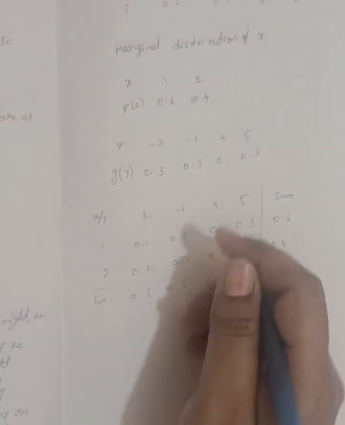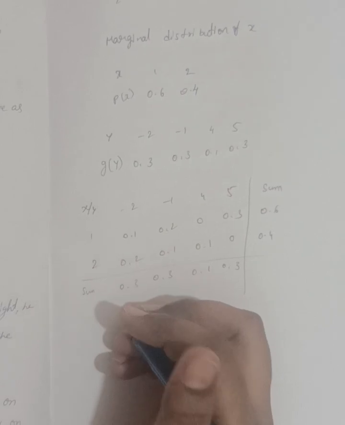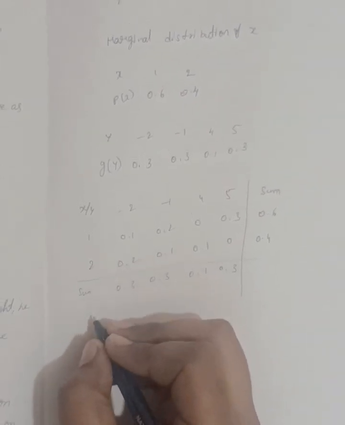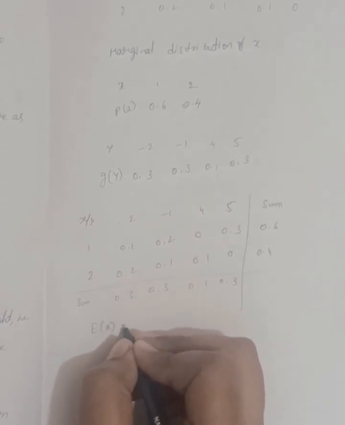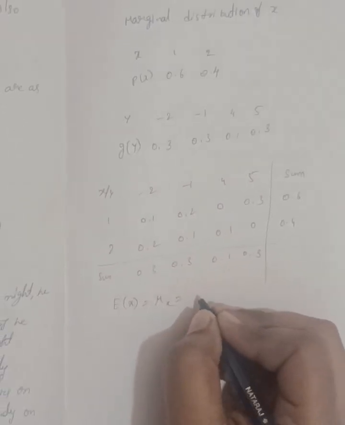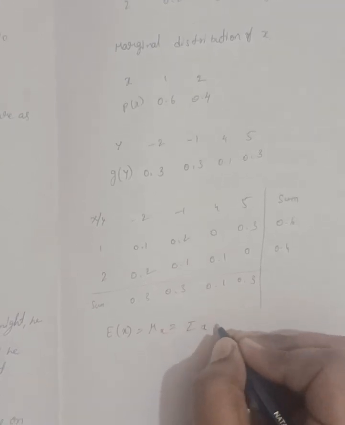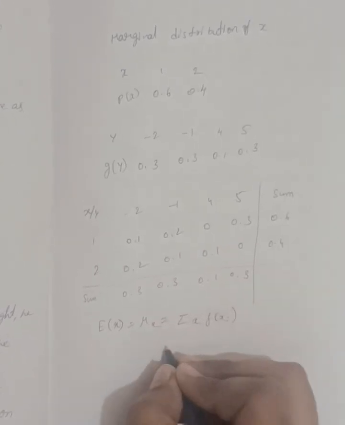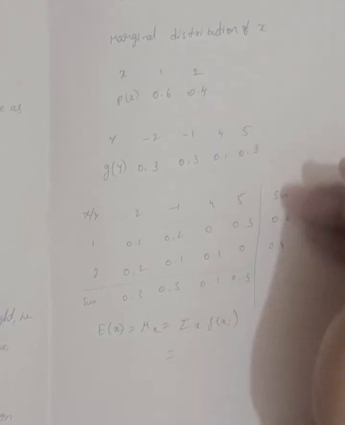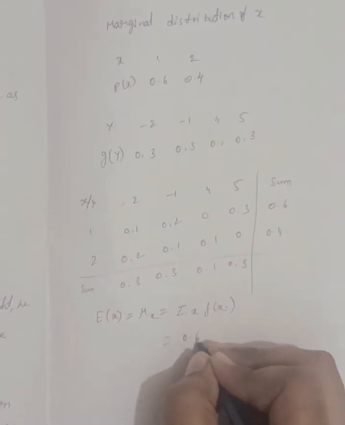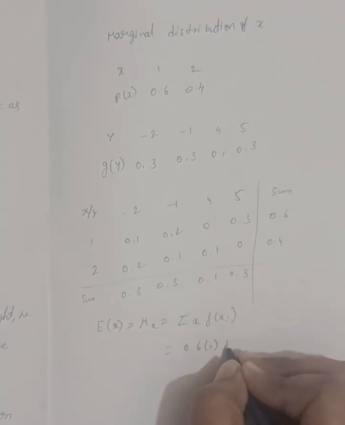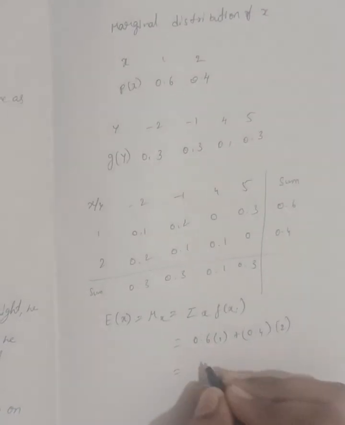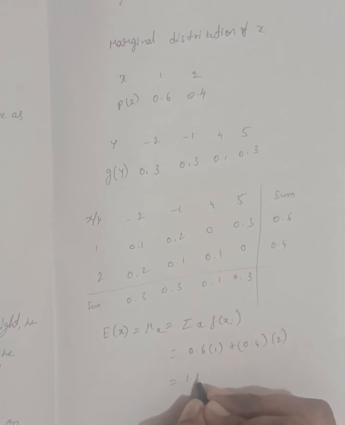This is the marginal distribution. Then find the expectations of X, Y and XY. E of X is mu x, the summation of x f of xi, which is 0.6 into 1 plus 0.4 into 2. The answer is 1.4.